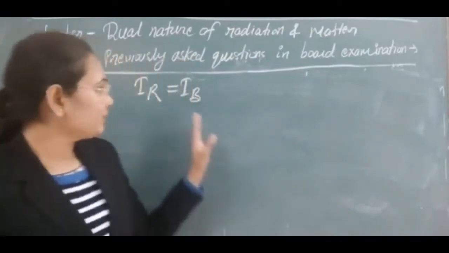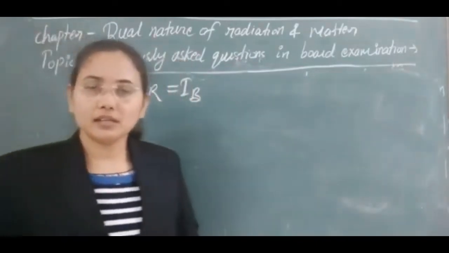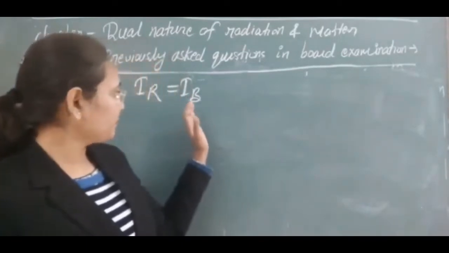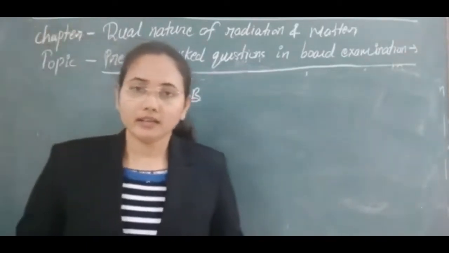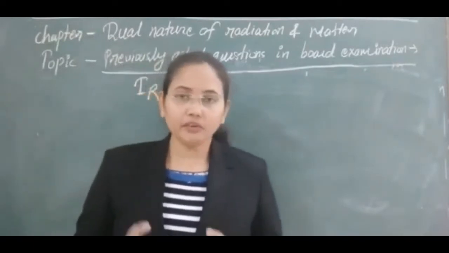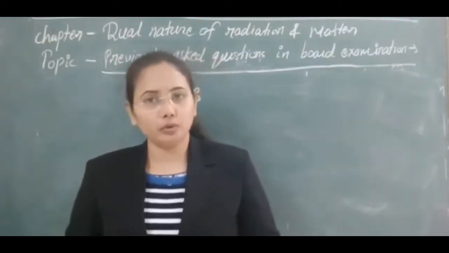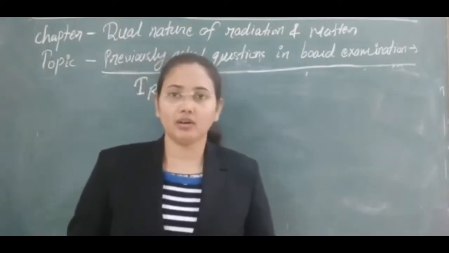So in this case the number of photons in both cases is obviously equal. Then the number of photons per unit area per second will also be the same for both lights, not different.